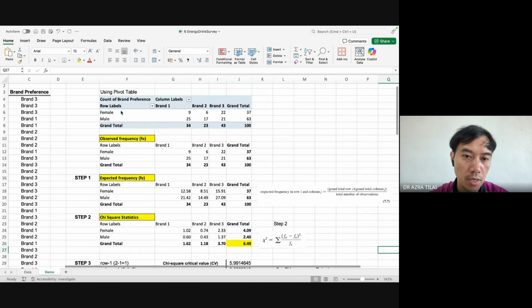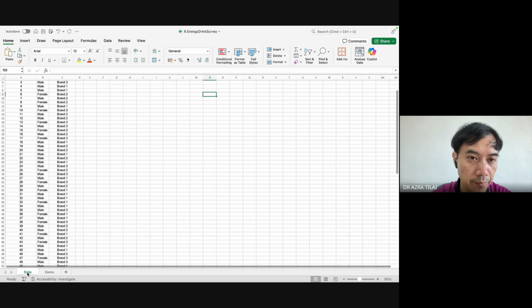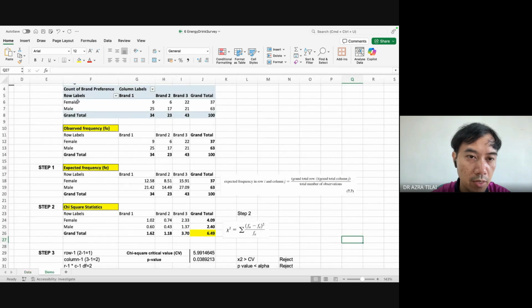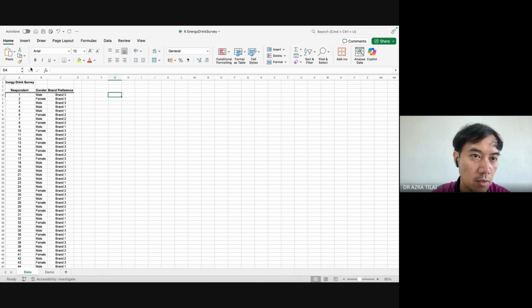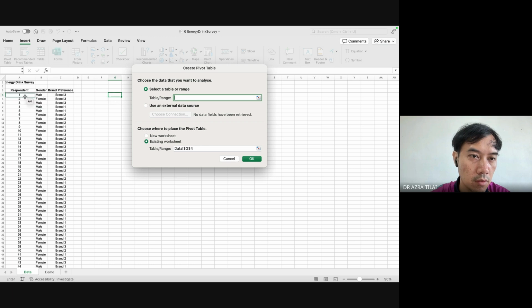So firstly, you can use the pivot table first. Use the pivot table to find the male and the female. So we remember we go to insert pivot table. This one.